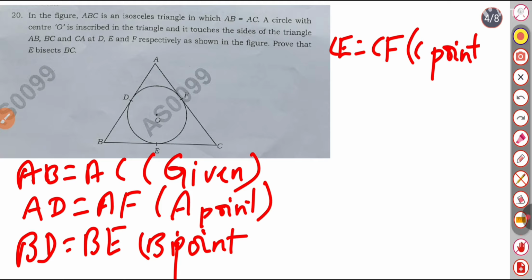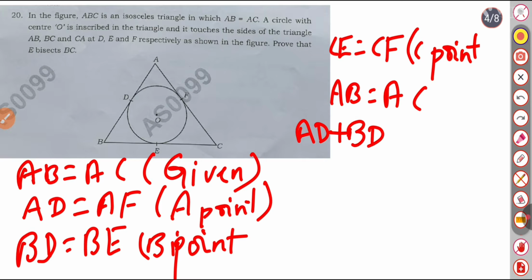Now what we'll do? We'll write AB is equals to AC. In place of AB, we'll split AB as AD plus DB. So AB is AD plus DB or BD is equals to AC. We'll write it as AF plus FC.